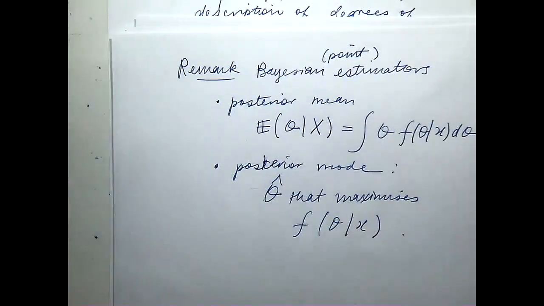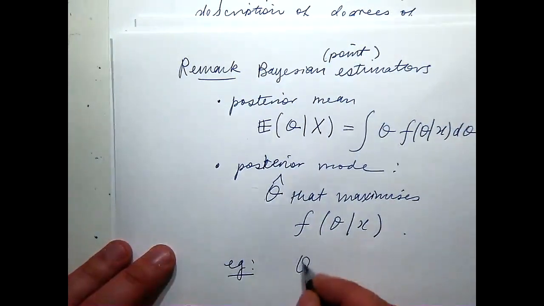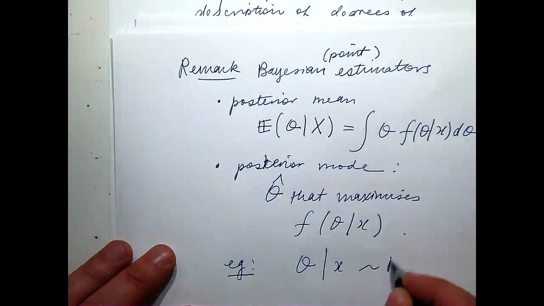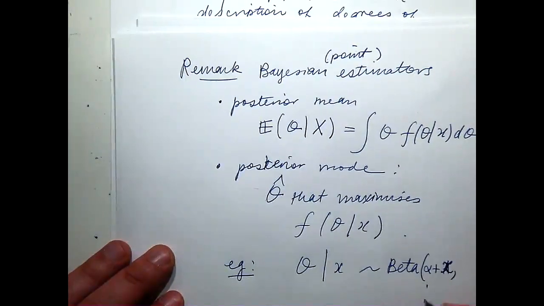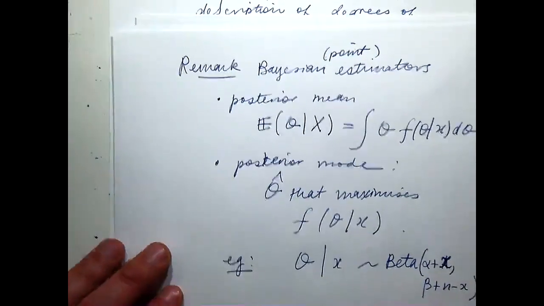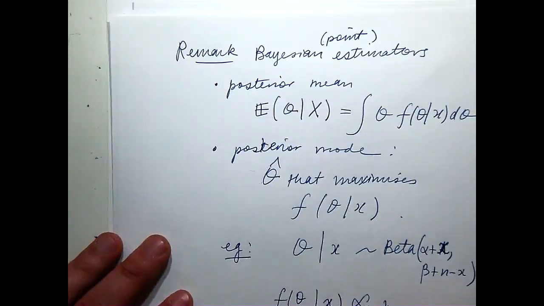So we can do one example in the case where the theta given x has the distribution beta, alpha plus x, where x was the observation, beta plus n minus x. The f of theta given x is proportional to theta to the alpha plus x minus 1 times 1 minus theta to the beta plus n minus x minus 1.